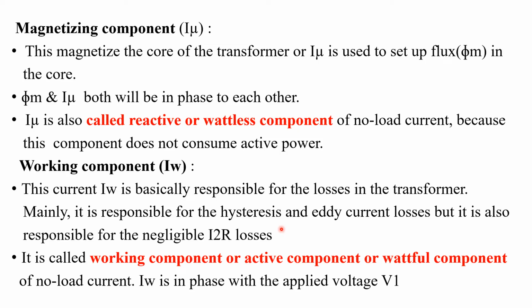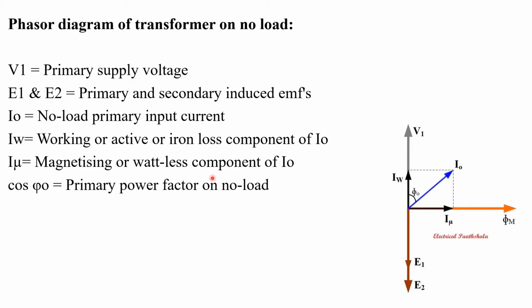Copper losses would be there when winding resistance is considered, but here we will not consider that. So the working component is responsible only for the hysteresis and eddy current losses. This working component is also known as the active or wattful component, and this IW will be in phase with the applied voltage.